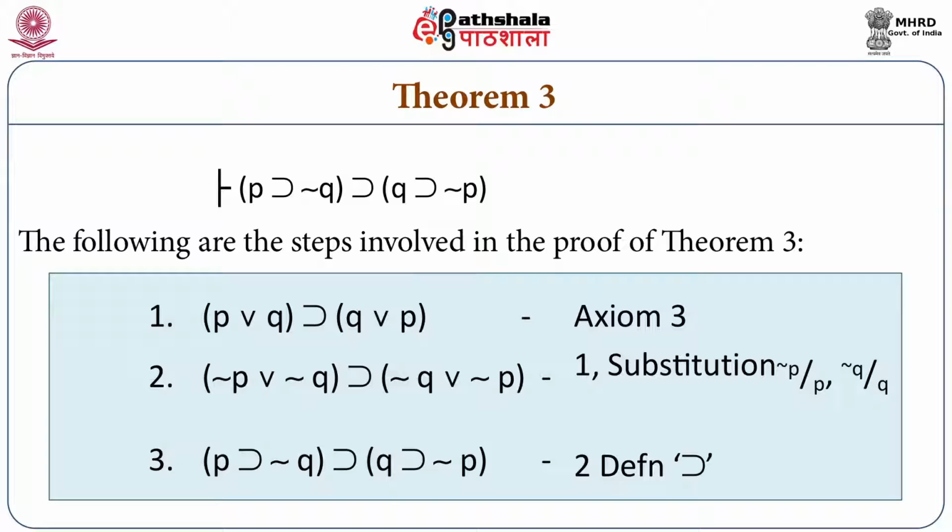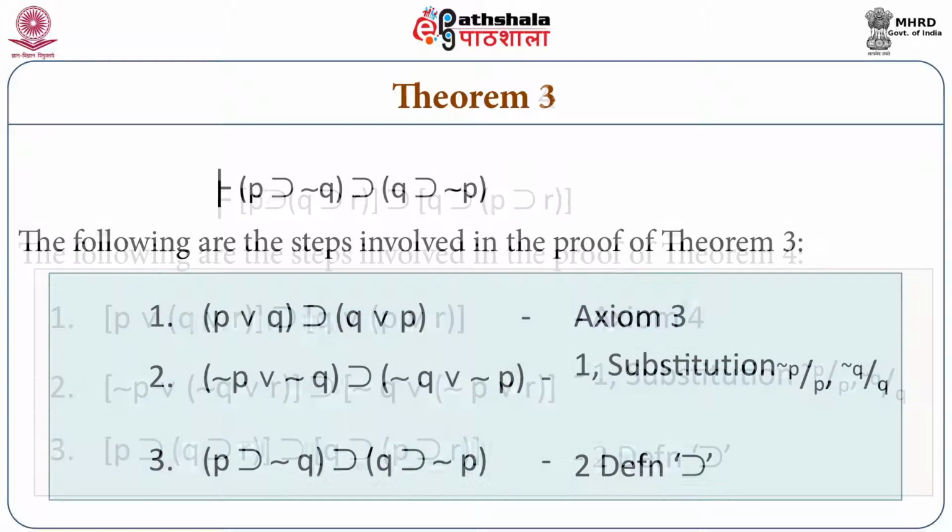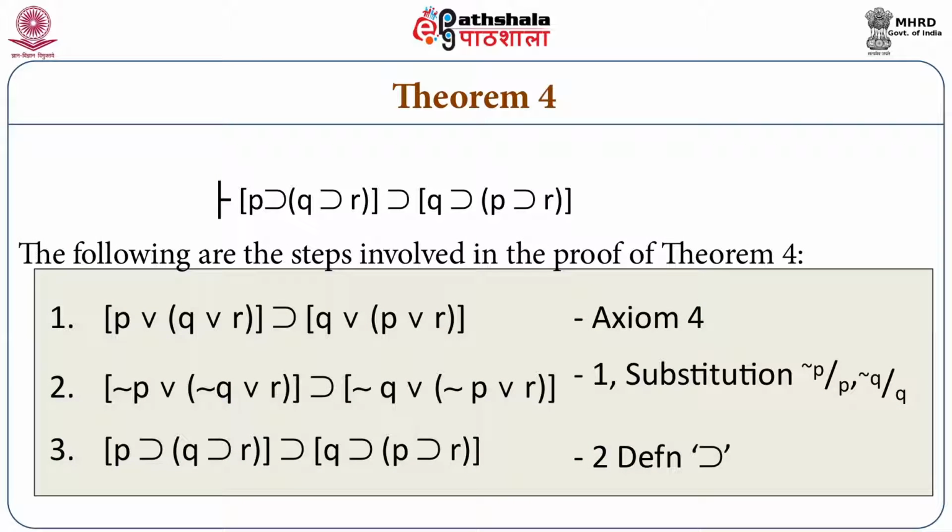If P implies not Q, then Q implies not P. In other words, if P is the antecedent and we get negation Q, that is denying Q, then affirmation of Q will lead to or will result in negation of P itself. Theorem number 4.